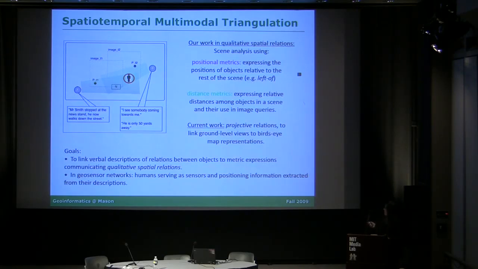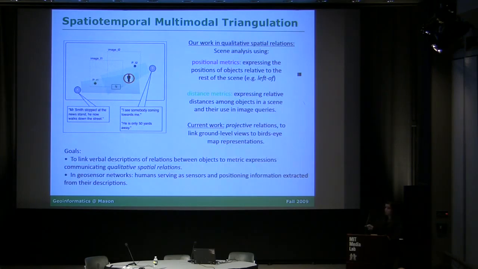Our goal here is to build on our previous work on positional metrics, which is expressing positions relative to the scene, and distance metrics, which is expressing relative distances among objects in the scene, to create projective relationships, which will tell us how ground level view and bird's eye view can be related.